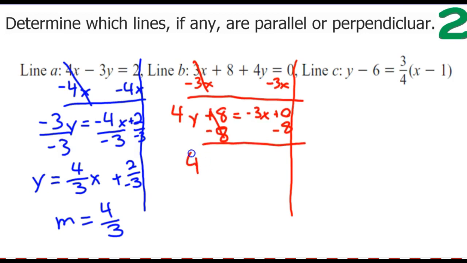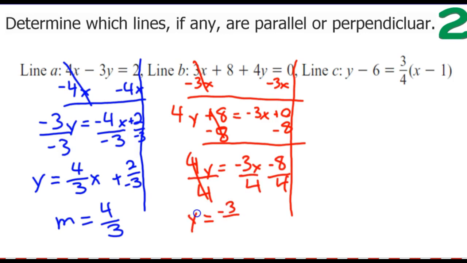And we get 4y equals negative 3x minus 8, divided by 4. We get y equals a negative 3/4 x minus 2. Our slope here is a negative 3 over 4.